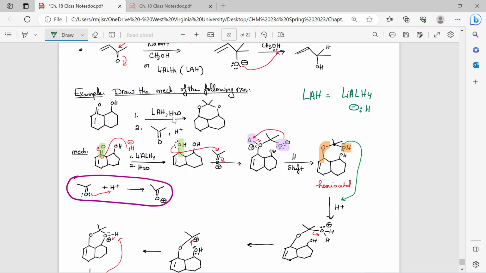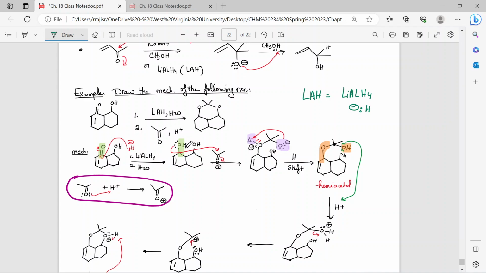It releases the H minus, and it's going to reduce the carbonyl into an OH. So the first step, the H minus is going to attack the carbonyl. Notice it did not attack the beta carbon. It attacks the carbonyl because it is a strong nucleophile, and reduces the carbonyl into an OH.